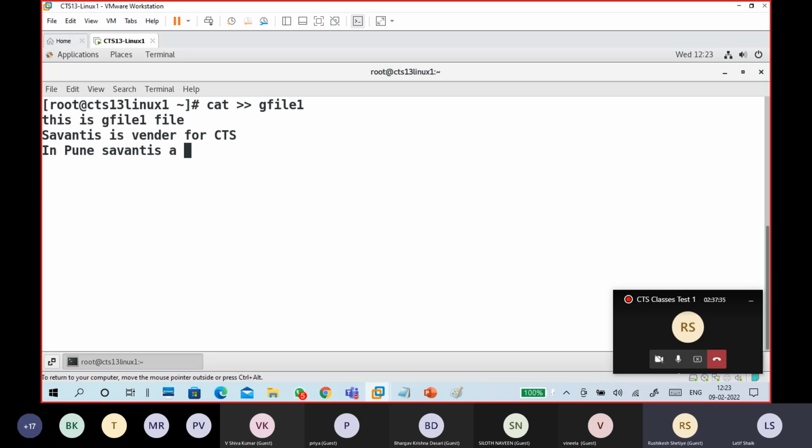Savantis. I usually use these types of lines, habitual lines, so my hand will type easily. In Karve Nagar, or Karve Road, actually it is Savantis. CTS new batch started at Savantis.